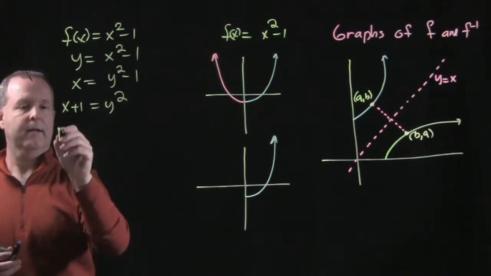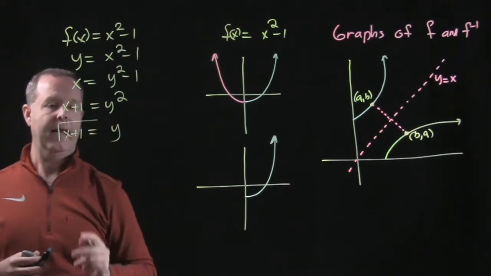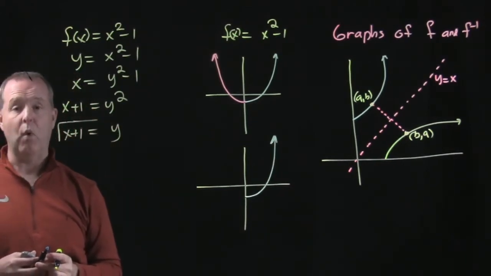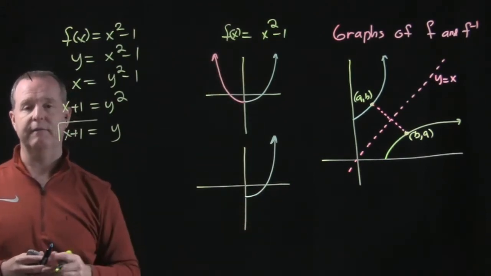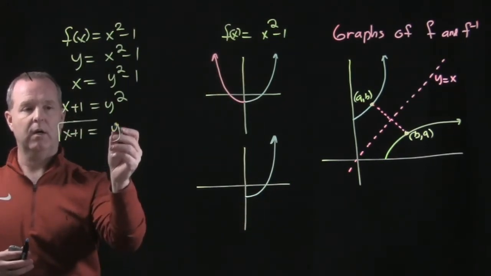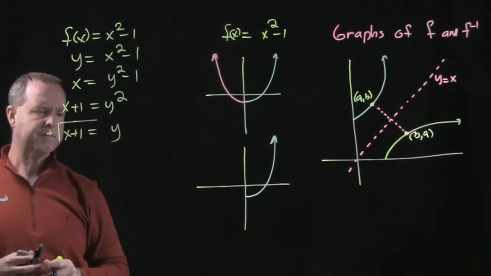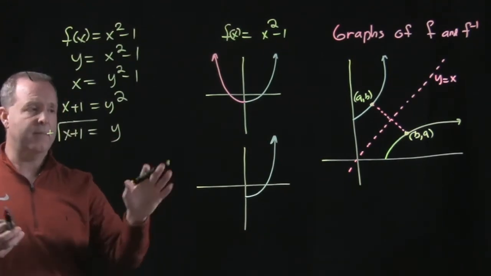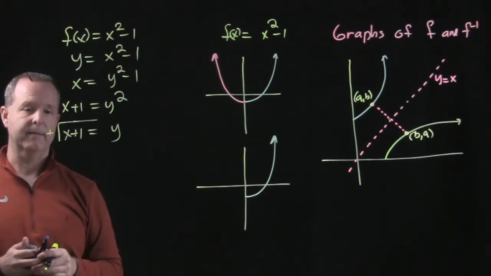Take the square root. And we're only going to take the principal value of y because we restricted our initial domain to all positive values of x. So we're not going to have the plus or minus. We're just going to deal with the plus side on that one. And that's one of the benefits of restricting this, so we can still look at the graph and get a sense of what we're doing.